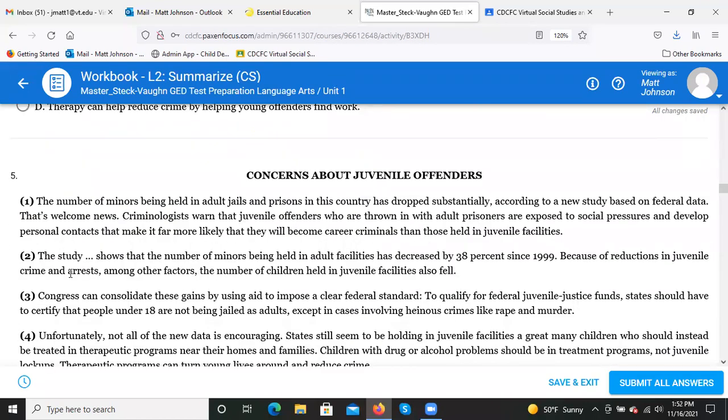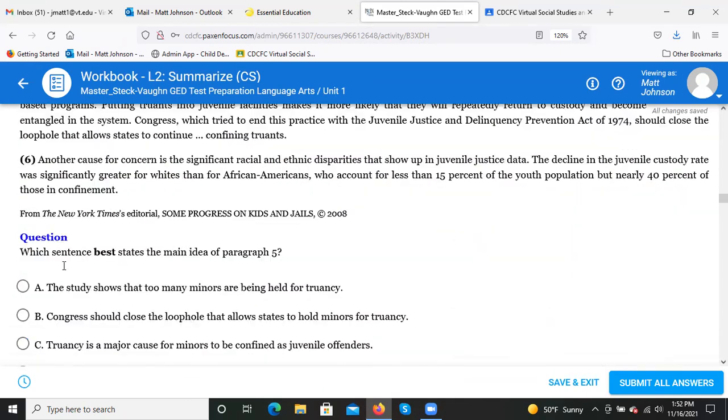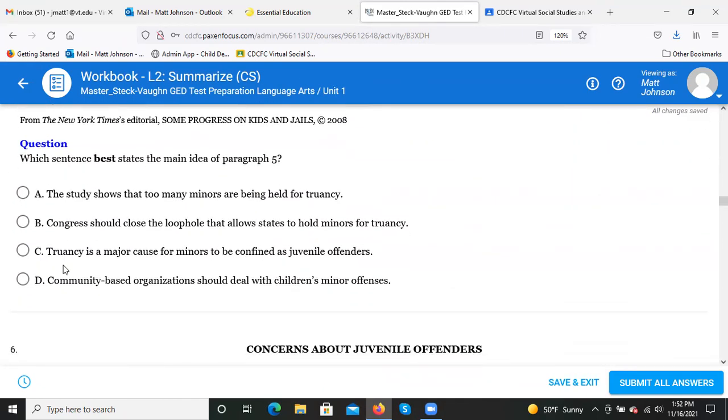These short passages, you should be able to read them all, but really think about the first sentence and the last sentence, and that's going to give you a better understanding, a clearer picture, and a better way for you guys to summarize. You don't get caught up too much in the details.